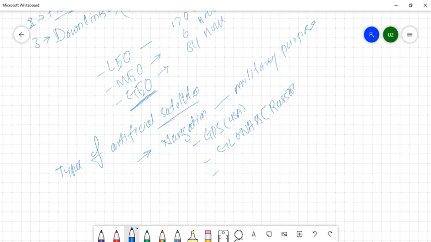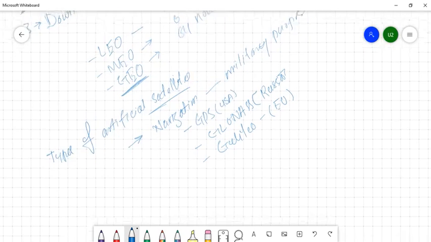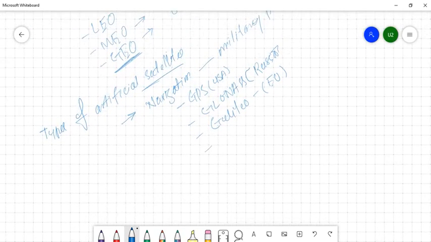Similarly, we have another one that is Galileo, developed by the European Union, and another one that is BDS, developed by China.